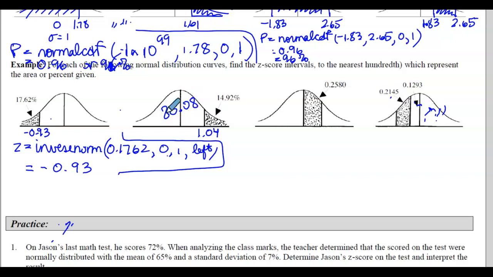Okay, so that percent. So in yours, you're going to do inverse norm, and then you'll use that as your area, 0.8508, comma 0, comma 1.